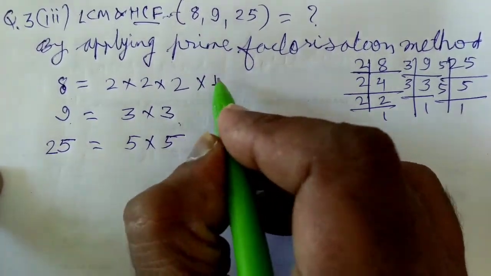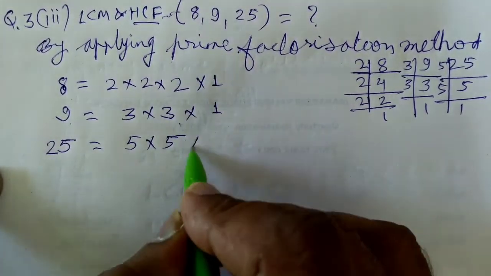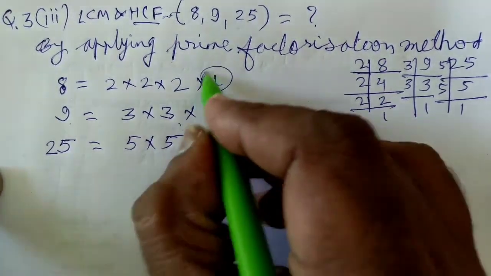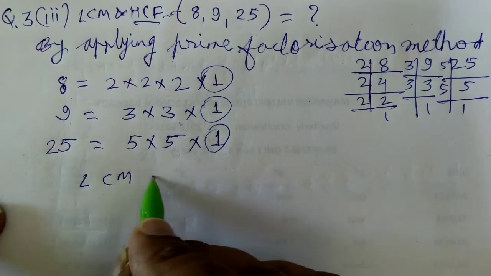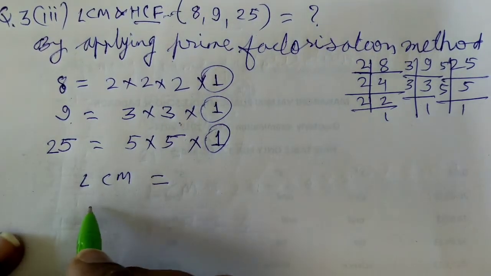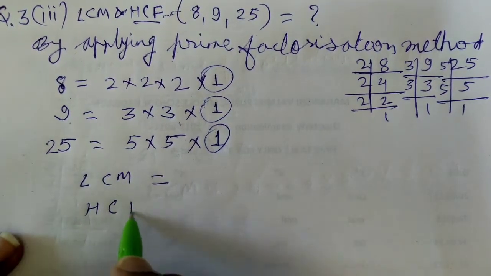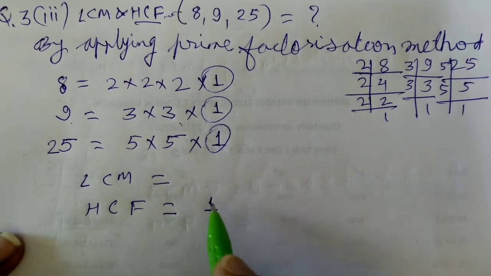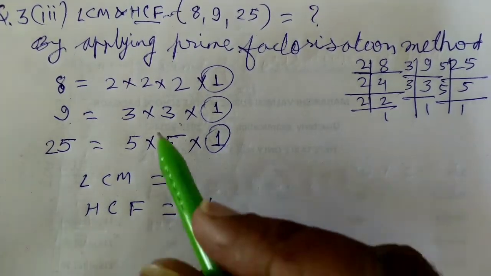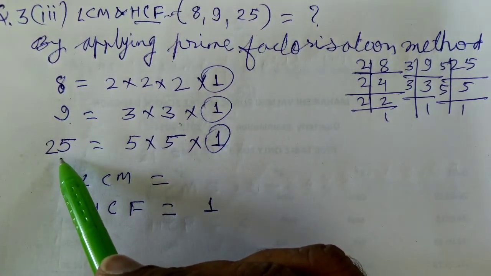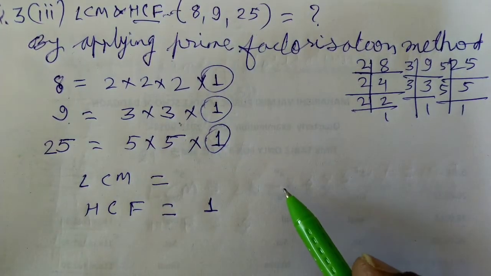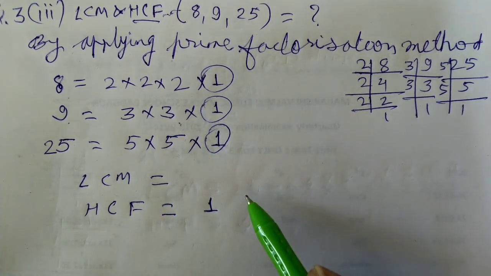So 1 is common, so our HCF is 1. The LCM we will write after some time. Now multiply all three integers and that will be the LCM.